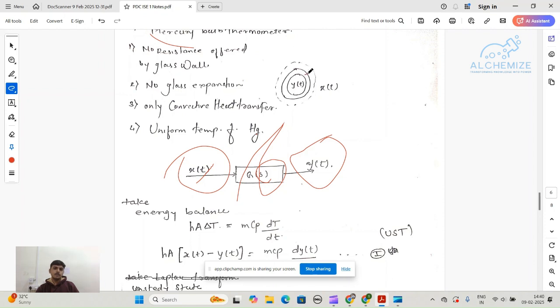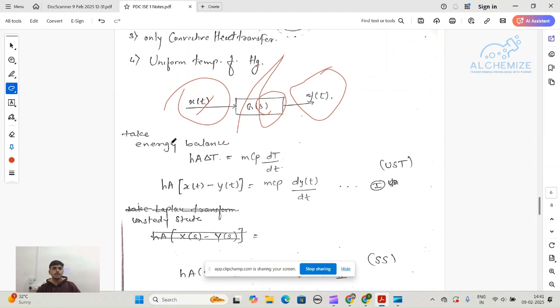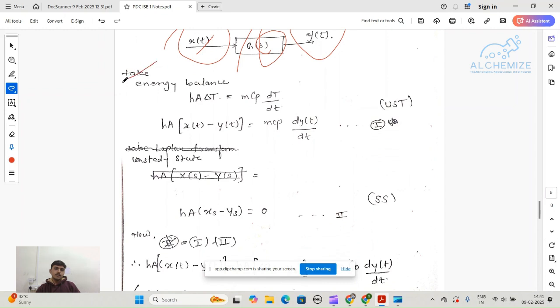So the heat transfer between these walls is zero or negligible. We will only deal with this transfer, and uniform temperature of the mercury bulb. So let's take the energy balance here.